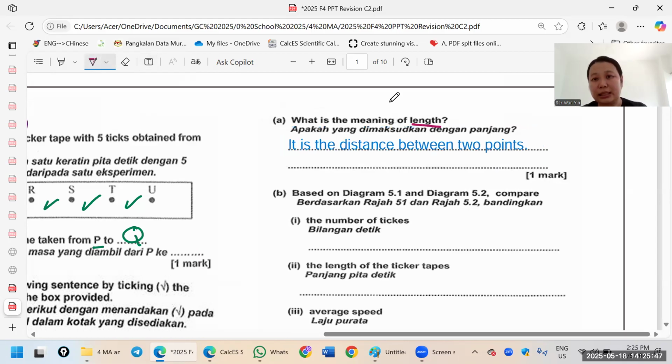Since they say it's length, then please explain by using other words. Like if I ask, who is Caleb? Then you tell me, Caleb is Caleb. Then I'll feel, what are you talking about?